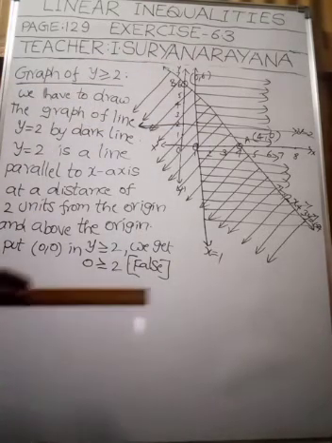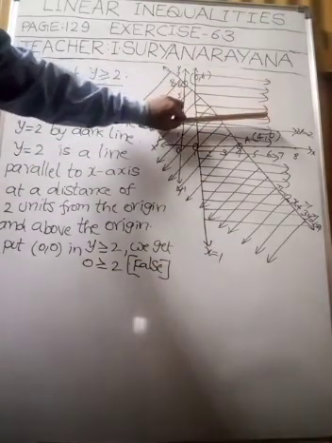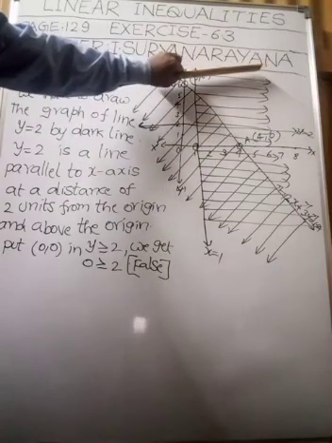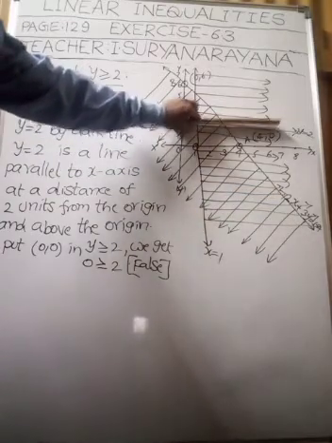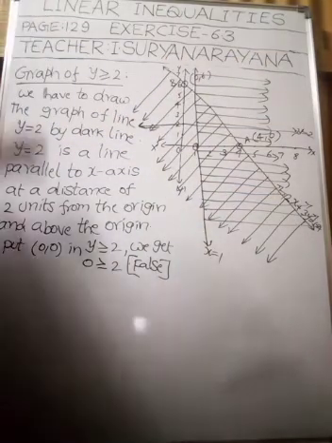Previously we assumed this line is dividing into 2 half planes, namely above the line is the first half plane and below the line is the second half plane. So we have to shade this first half plane. Understand this point, my children?